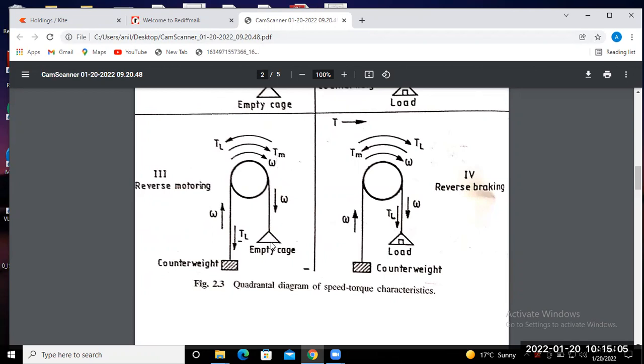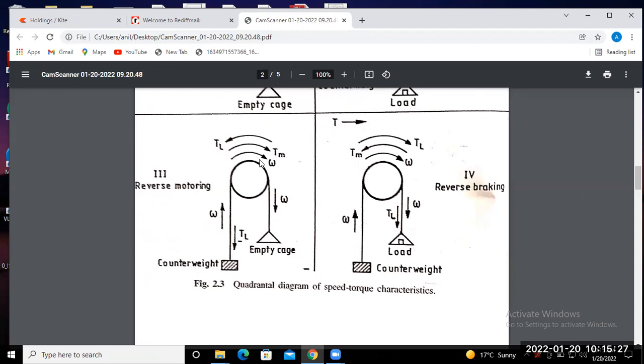So this load moves downward, and load torque acts in the downward direction. This counterweight is attached here for the movement, because this load will go upward since the electromagnetic torque is acting in this direction.